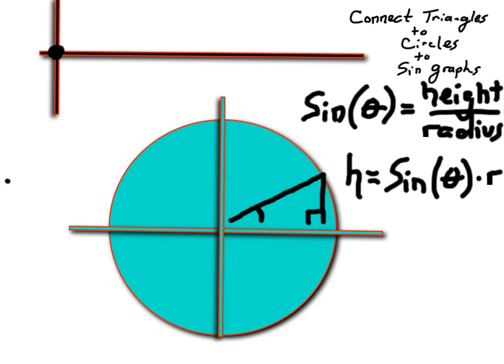Now the next one we did, let's take this triangle right here, and let's say that that is a 30-degree triangle. If the hypotenuse was 1, then the height is going to be something less than 1. So we said the next point was going to be maybe here.